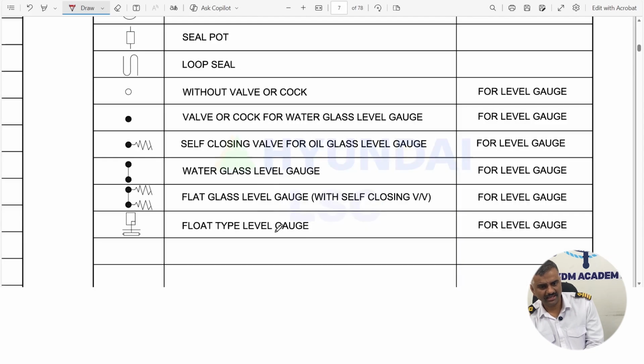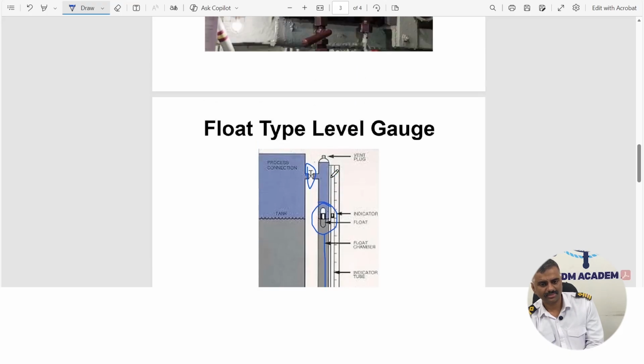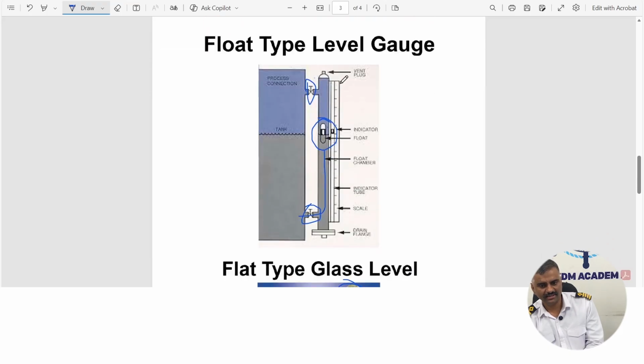The float type level gauge we have already discussed in this section. This is the float type level gauge. You can see there is a float or an indicator here. If the level in the tank changes, the level will automatically change in this pot also, and as the float contained inside this chamber goes up and down, the level will change in this level indicator continuously.